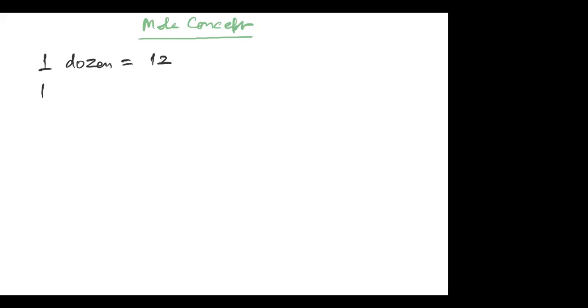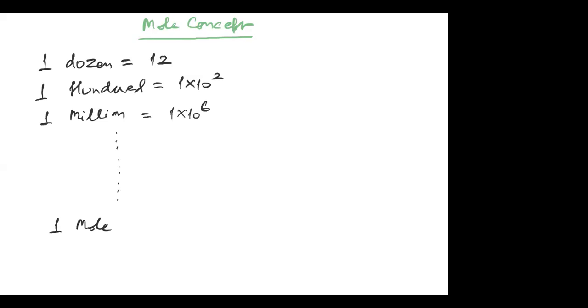Similar to this, if we have 100, you can say it is 1 into 10 to the power 2. Similarly, if we have 1 million, it is nothing but 1 into 10 to the power 6. And if you think big enough, here you can say 1 mole. 1 mole is 6.022 into 10 to the power 23.